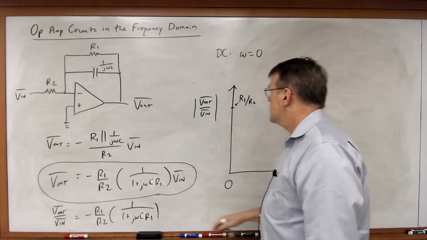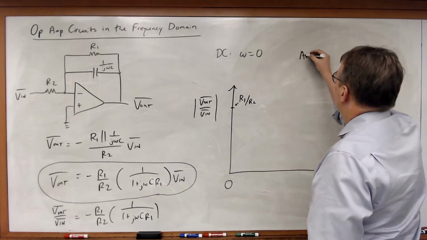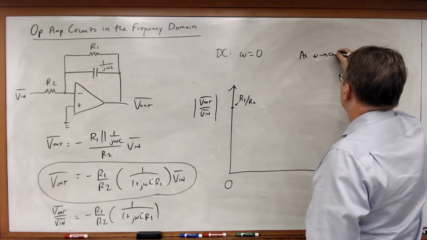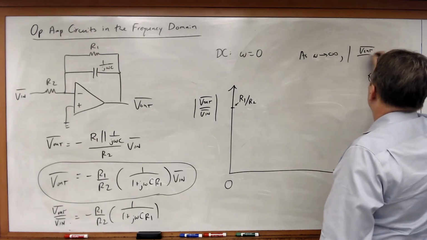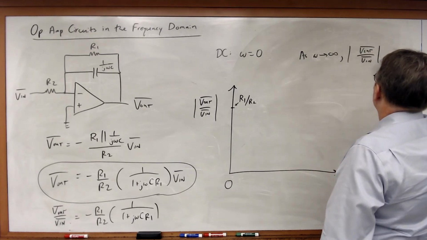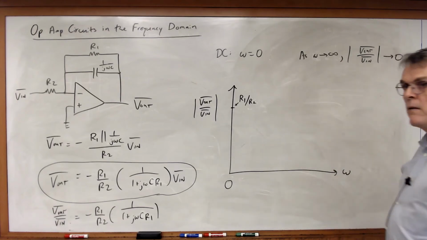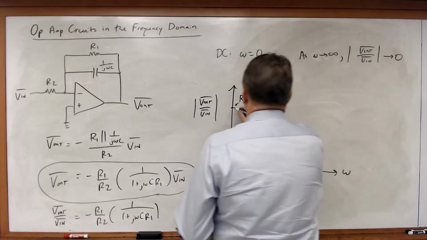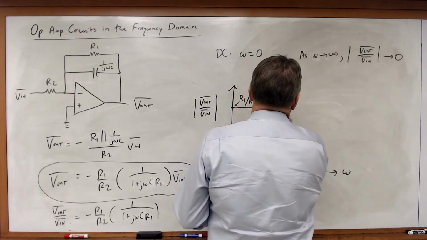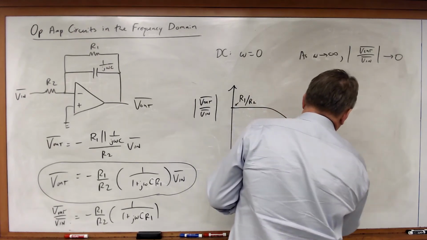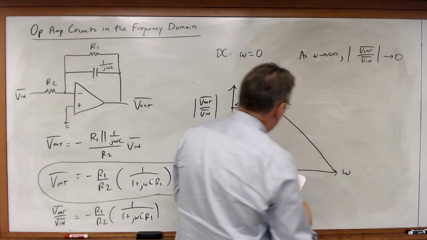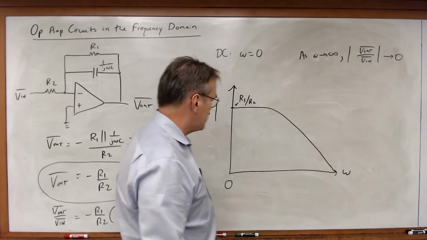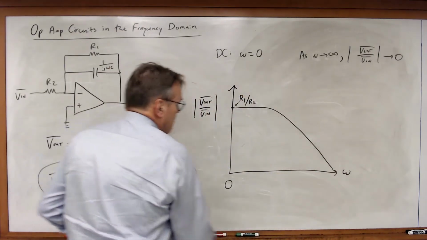So as omega goes to infinity, the magnitude of V out over Vn goes to 0, and we see behavior like this. It gets smaller and smaller as frequency increases, and tends towards 0.